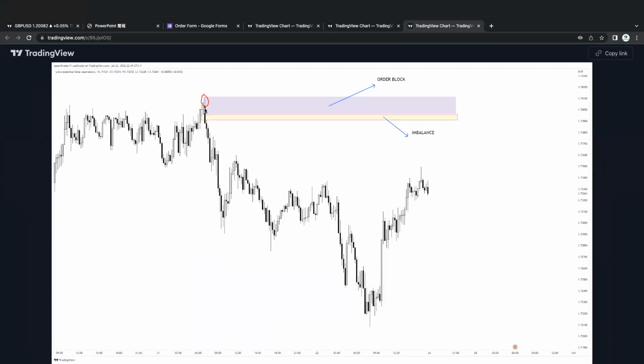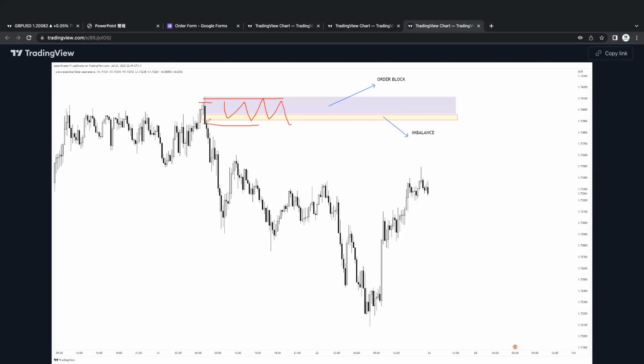This one is the last buying candle before the sell. This black candle. This bullish candle is not your order block. Remember why? Because the market took out the previous candle's high, which is here. So this entire candle will be counted as an order block.